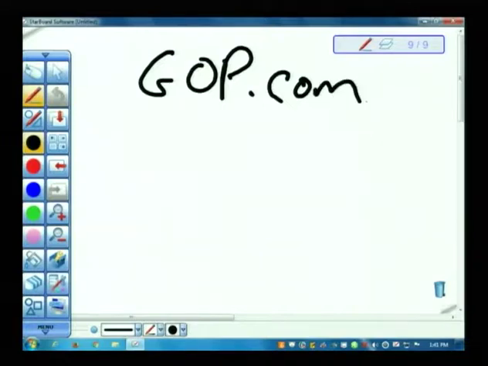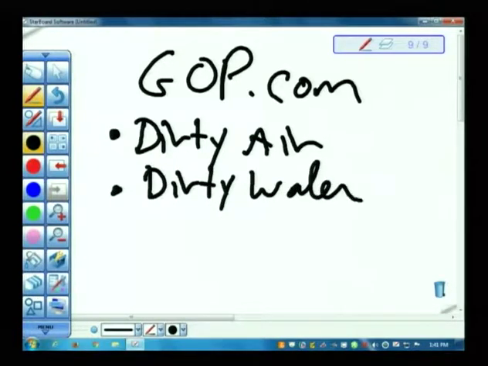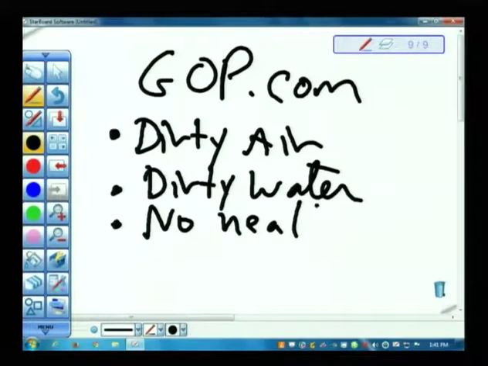So imagine you go to GOP.com, grand old party. You think, what's the Republicans' plan? Check this out. Plank number 1, dirty air. Plank number 2, dirty water. Plank number 3, no health insurance.